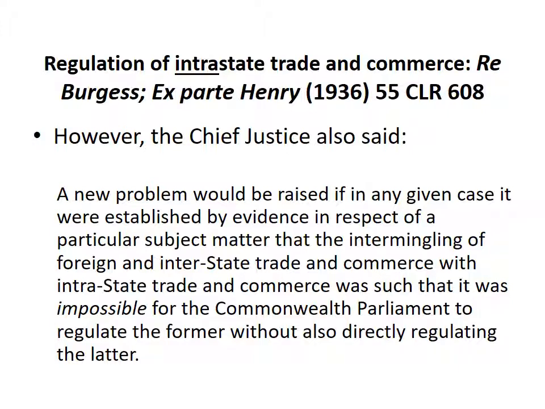This was a hint that the trade and commerce power could be used to regulate intrastate trade and commerce where it would otherwise be impossible to regulate interstate and international trade and commerce. The hint set a high threshold for the regulation of intrastate trade and commerce: for what is truly impossible. This high threshold was lowered slightly by later cases.